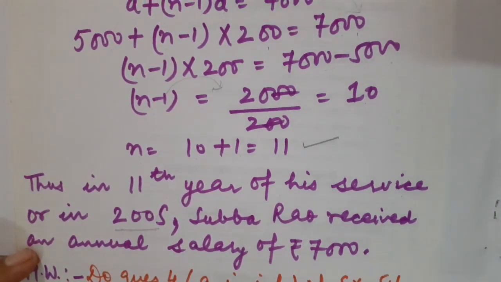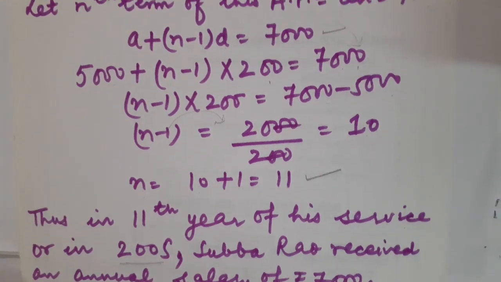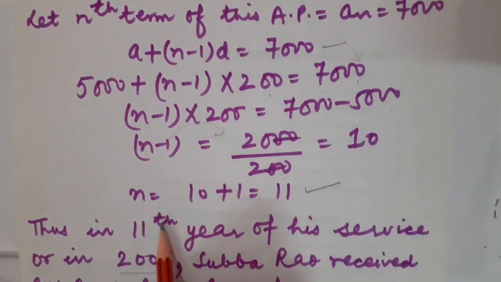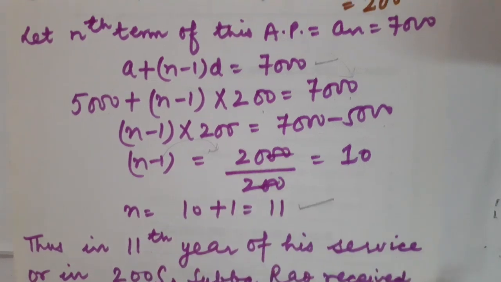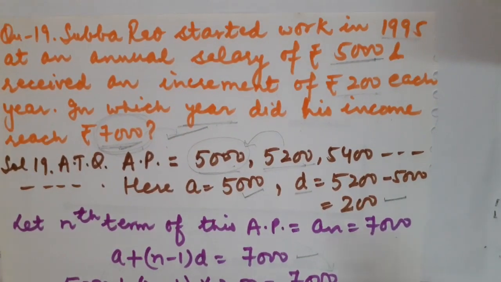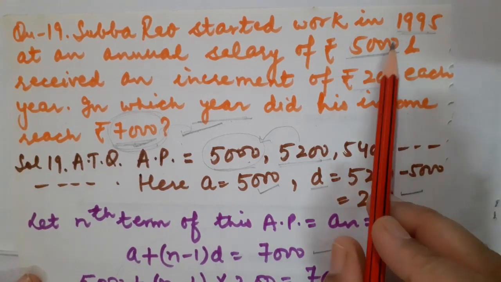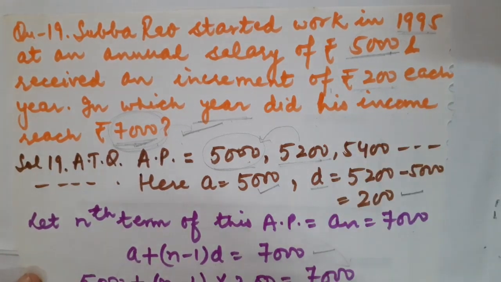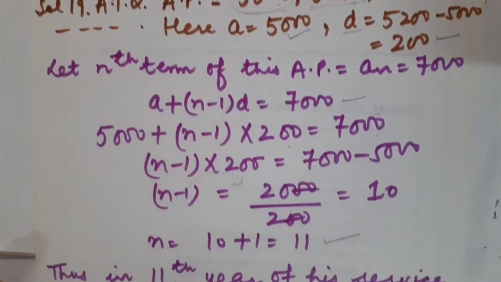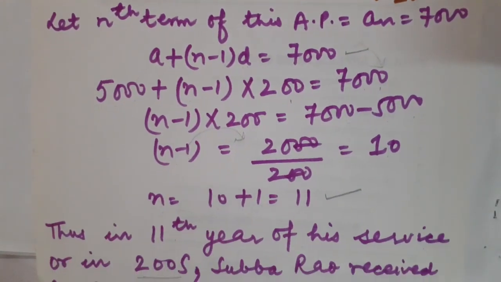7,000. Fine, students. Children, one more concept I want to tell you in it. See, do not add this 11 years to 1995. In 1995, he was getting the initial salary, that was 5,000. But the increment started from the next year, that was from 1996. Correct, student?